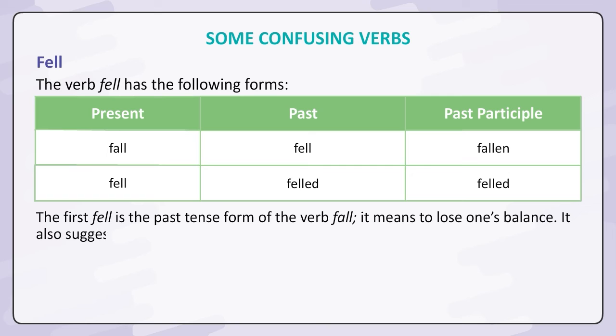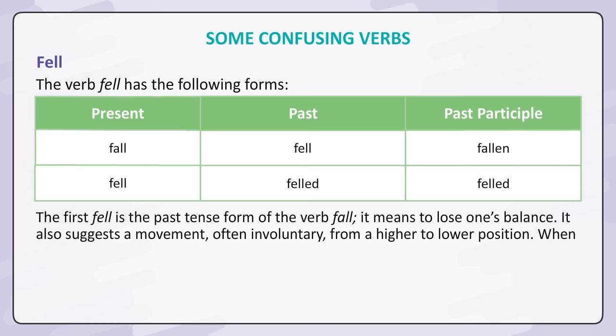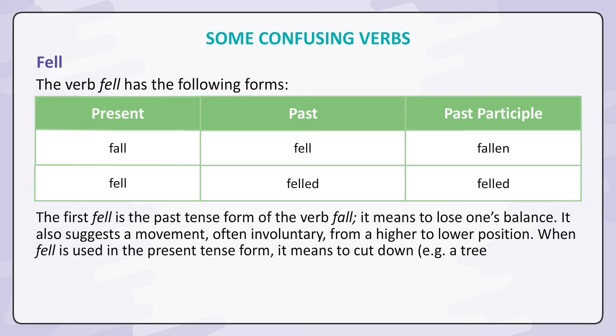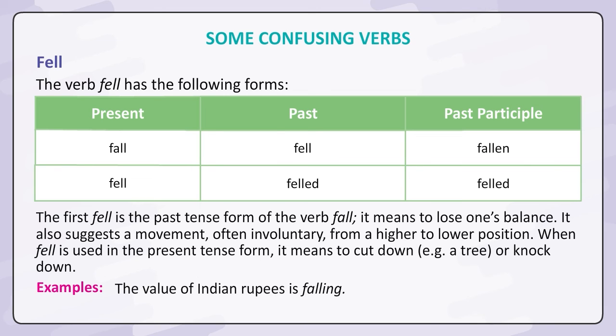It also suggests a movement, often involuntary, from a higher to lower position. When fell is used in the present tense form, it means to cut down a tree or knock down. Examples: The value of the Indian rupee fell. Sania felled her opponent with a blow.